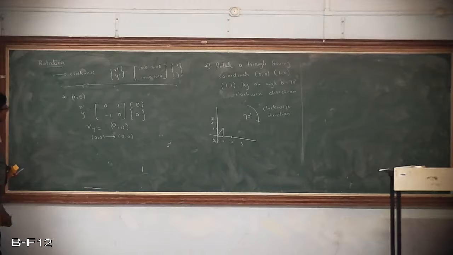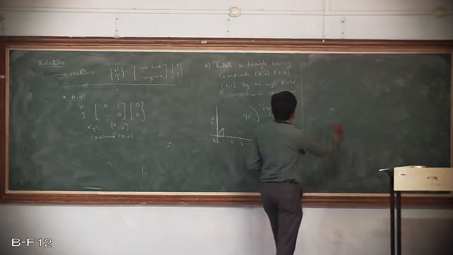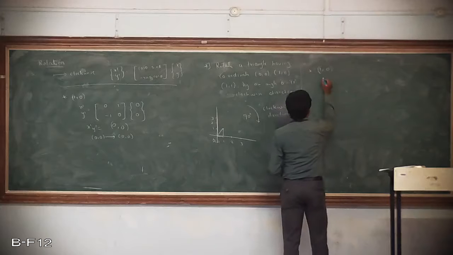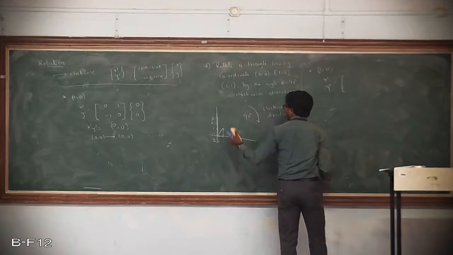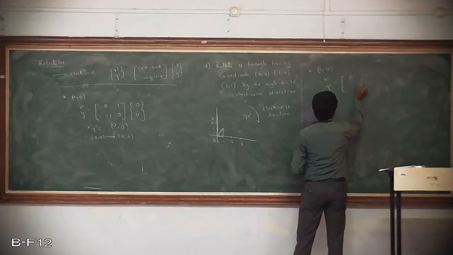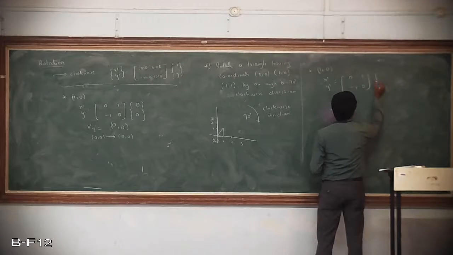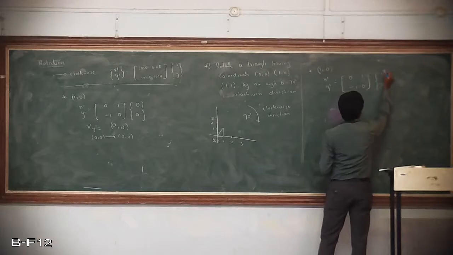Okay, if I go with the second point, that is 1 comma 0. If I go with this particular point, x dash y dash will be equal to the matrix 0 1 minus 1 0, and the ordinates are 1 and 0.